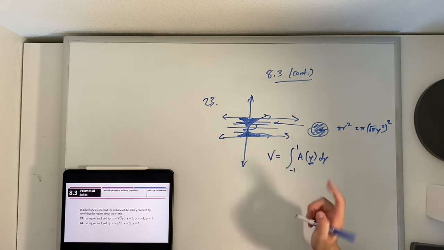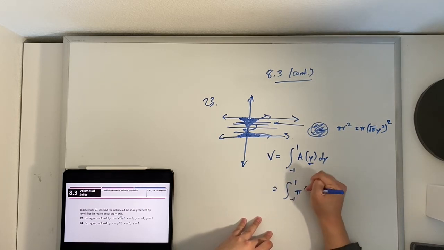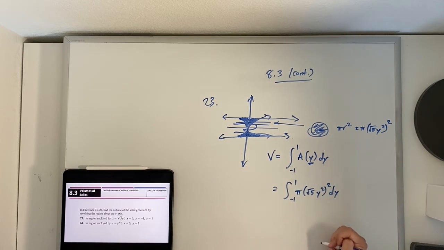So this is what we're plugging in to our integral. Again, this is something that is simple enough for you to evaluate by hand. If we do that, we should get an answer of 2 pi. Okay. So there we go.